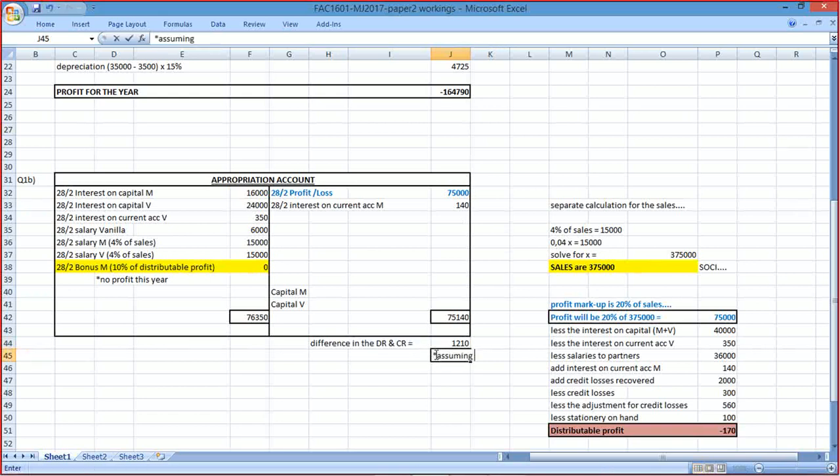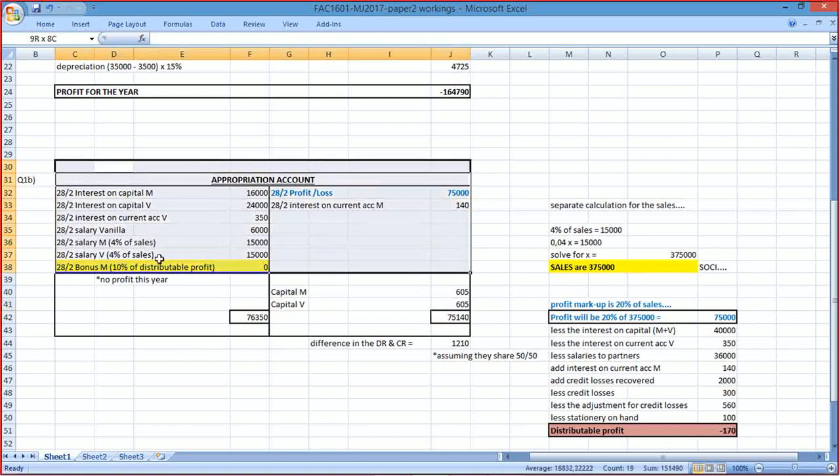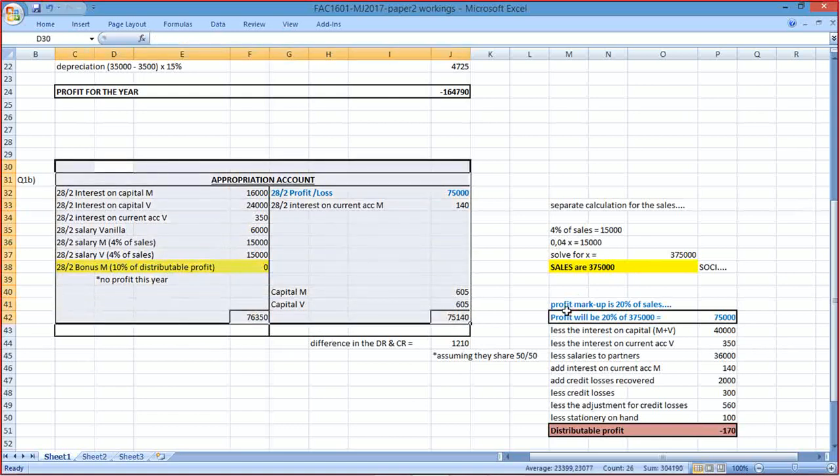Asterisk, assuming they share 50-50. Half of this is going to go there, and the other half will go there, capital M and capital V. That'll be a loss that they've sustained in this particular scenario.